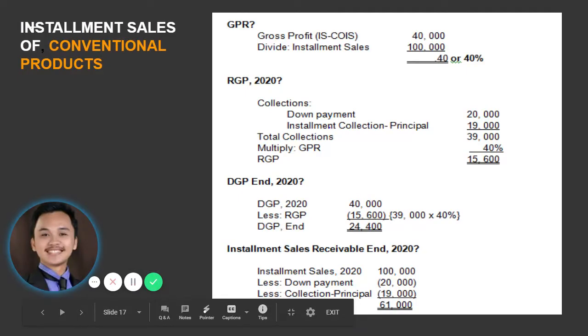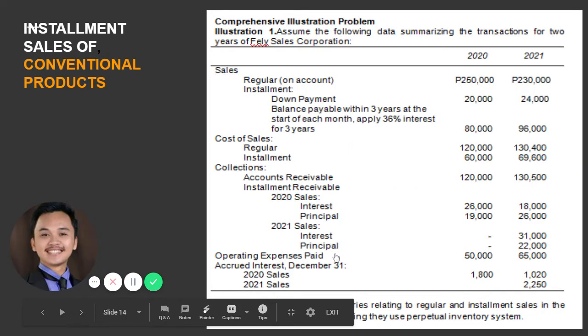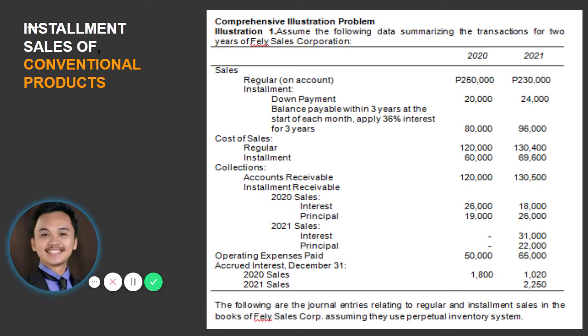Okay, this time guys, let's proceed in accounting our 2021 nga mga transactions. So balikan nato ang ato ang problem. So we have here our 2021 transactions. So in 2021 guys, it would give you a bit of complications because the total installment sales will overlap, meaning you still have a balance of your installment sales for 2020, and then it will overlap your installment sales for 2021.